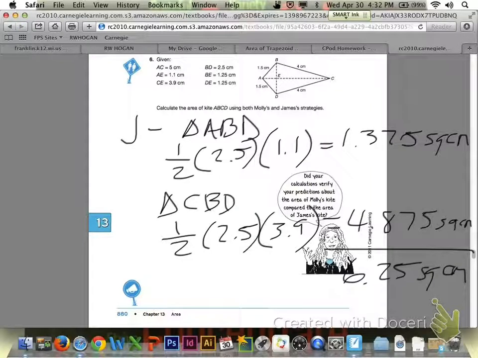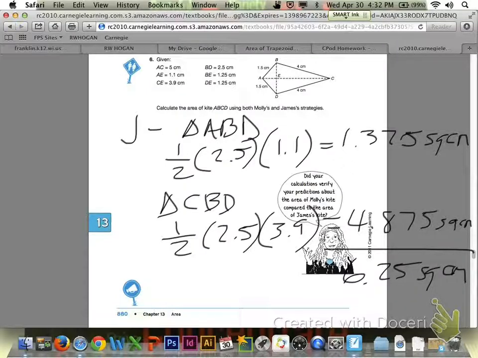For James's strategy now, since both of his triangles were not congruent, we have to find the area for both of them and then add them together. So for triangle ABD, 1/2 times the base times height, 2.5 times 1.1 is going to give you 1.375 square centimeters.